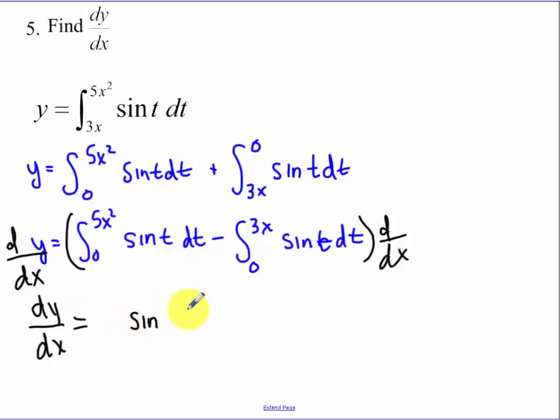The sine evaluated at our g of x function times the derivative, 10x. Now subtract, and we have the sine of our 3x function evaluated times the derivative of that, which is 3. So that is our derivative of our y function.